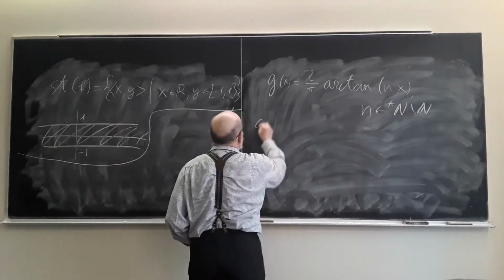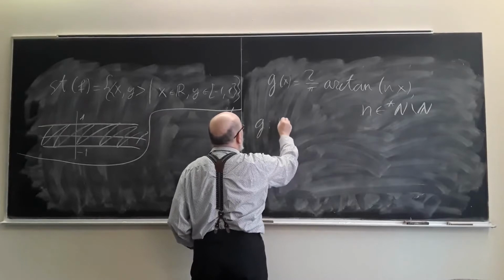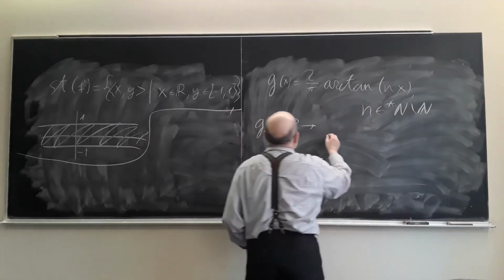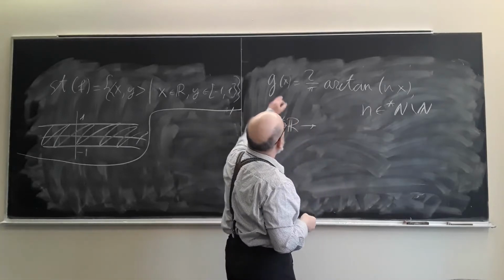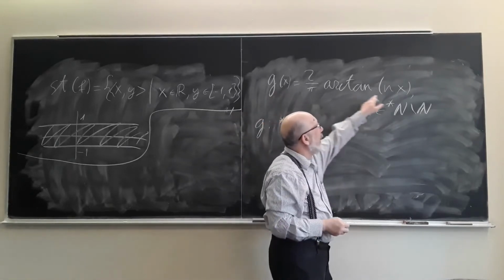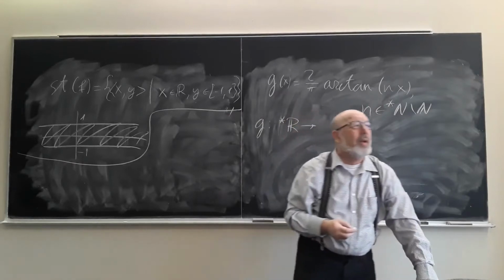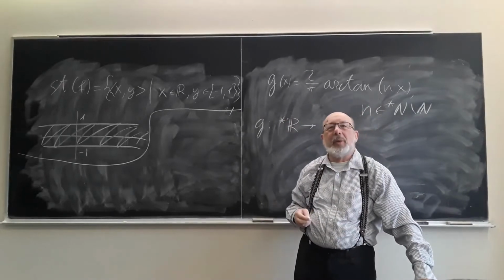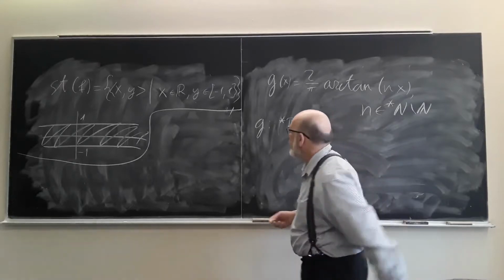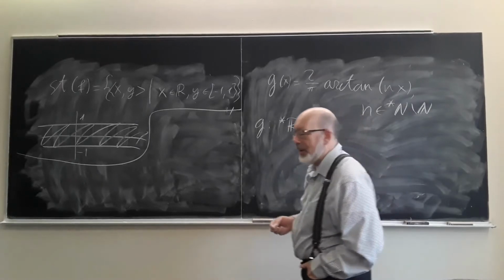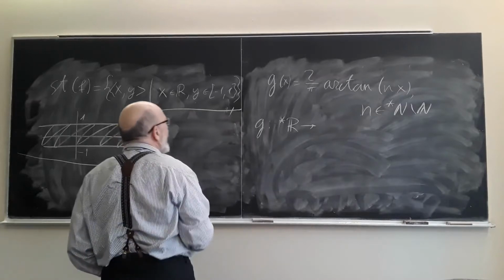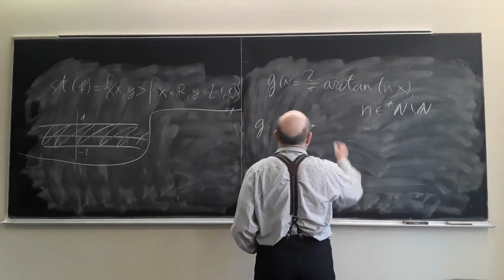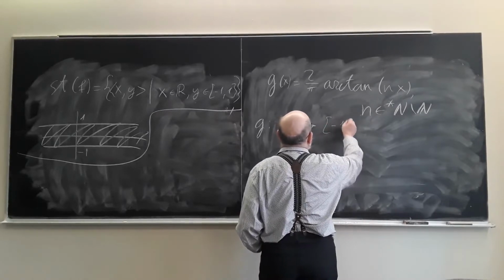So g from star R to [-1, 1]: the arctangent of n x for finite n, times 2 divided by pi, changes between -1 and 1. So this remains true for all infinite n.